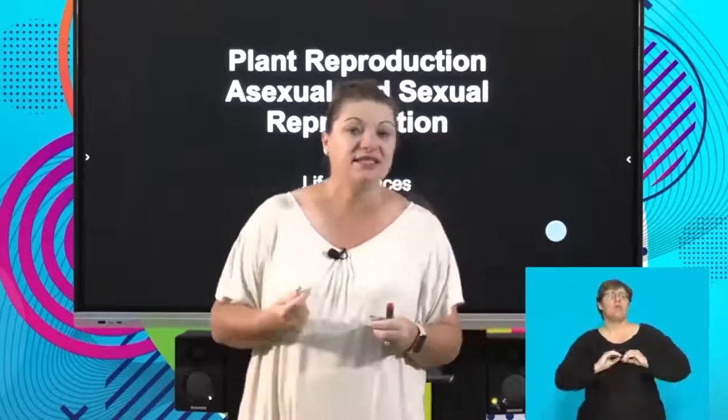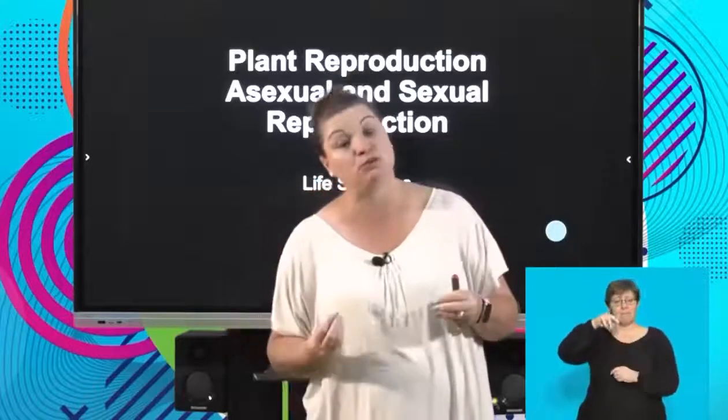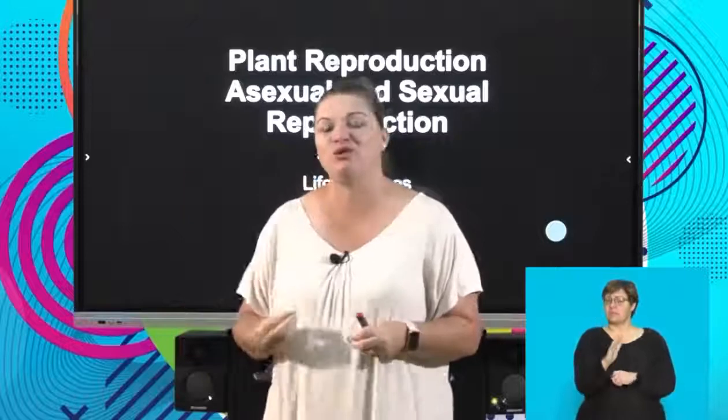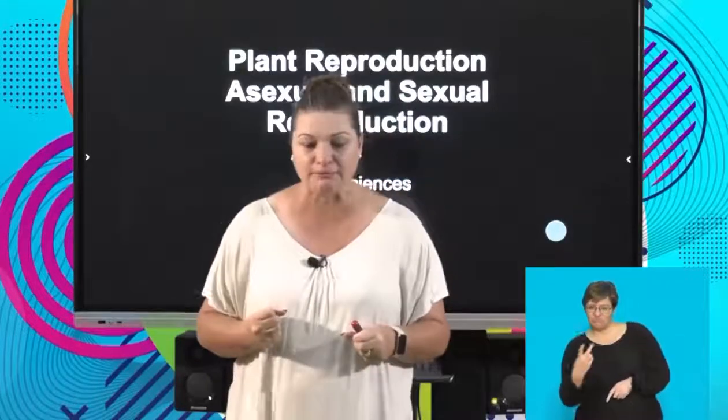And in our last lesson, we looked at the evolution of plants. We looked at the moss, bryophytes. We looked at the fern, pteridophytes. We looked at the pine cone, gymnosperms. And then we looked at the highest order of all our plants, our angiosperms, our flowering plants.